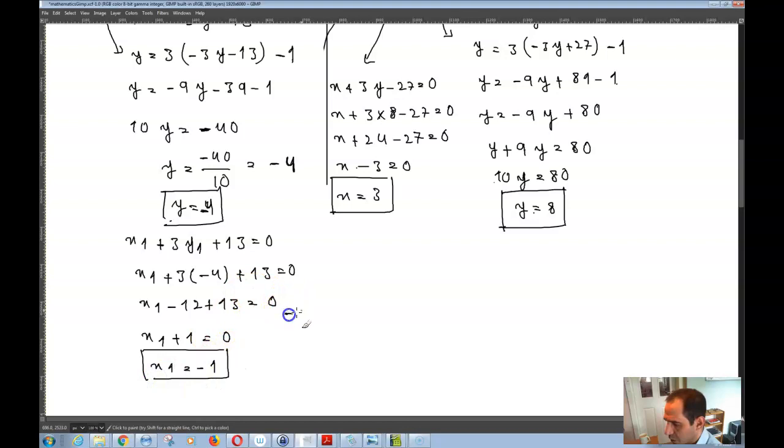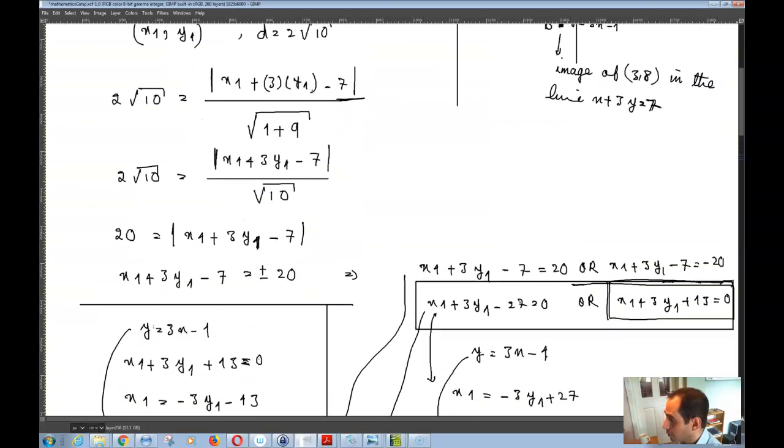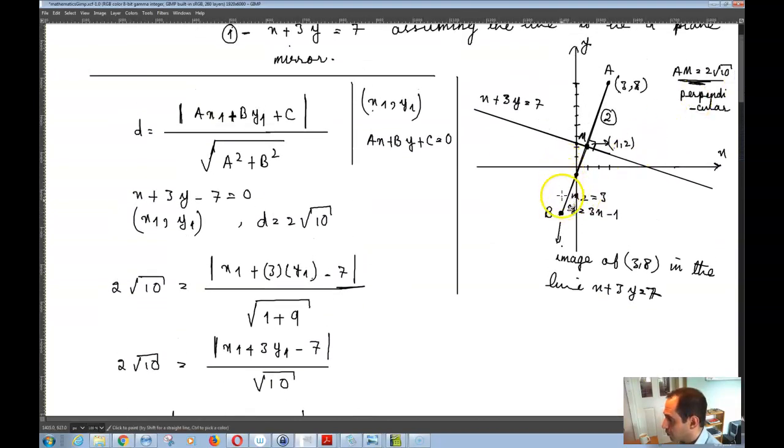So the point is negative 1 comma negative 4, this point over here. So after so much calculation, you get to the point that you were looking for, which is negative 1 comma negative 4. Okay.